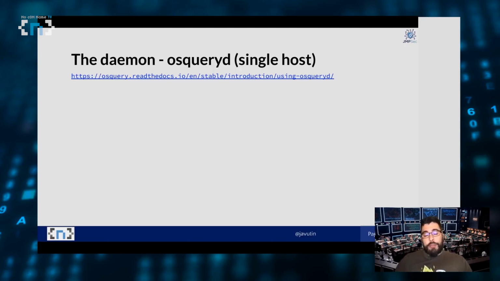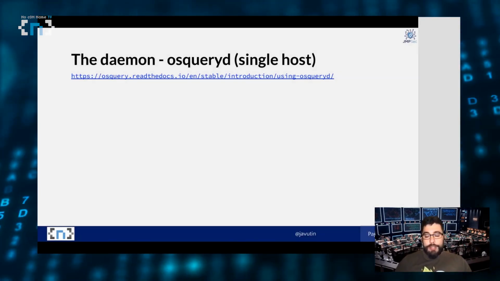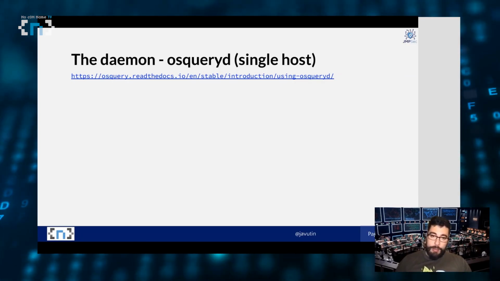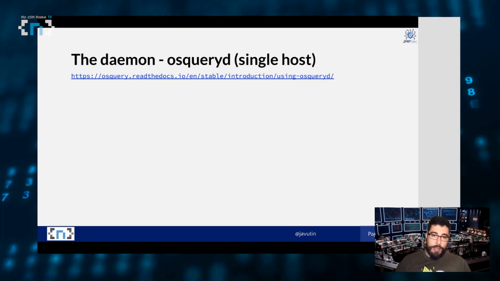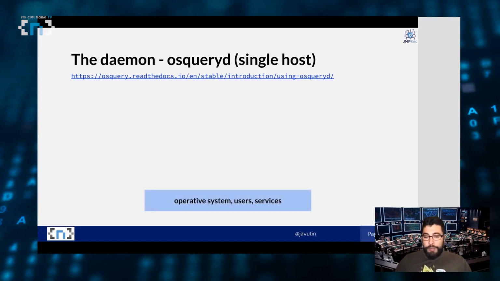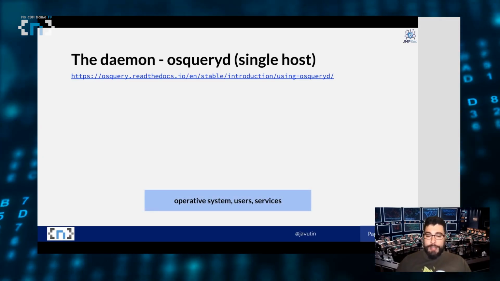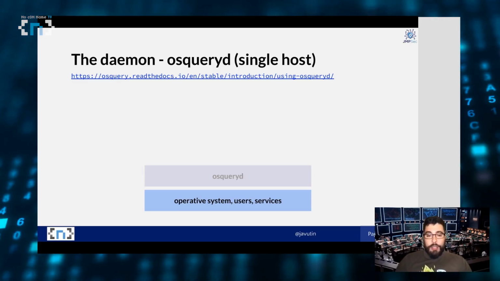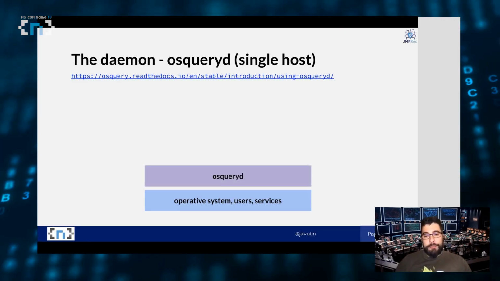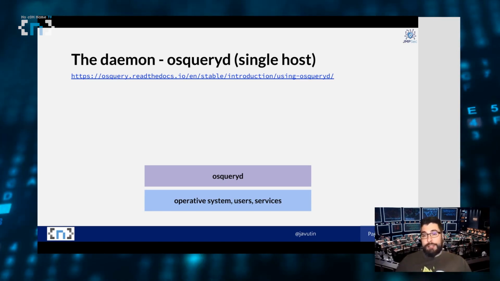The second thing I want to point out about osquery in terms of a single host is the osquery daemon, osqueryd, which runs in the background on the system, extracting information and sending it somewhere else. When you have an operating system with its users, services, and the data associated with it, osquery runs on top of that operating system information and extracts it natively.